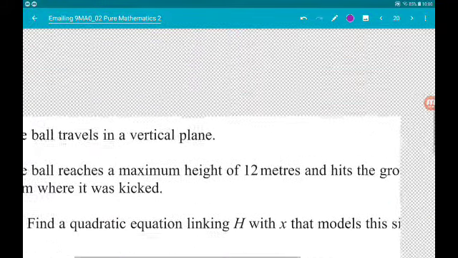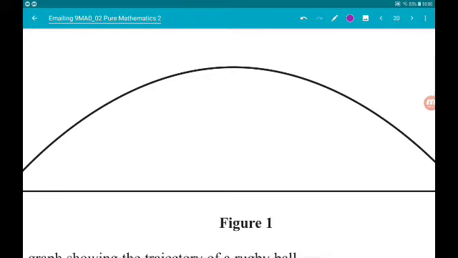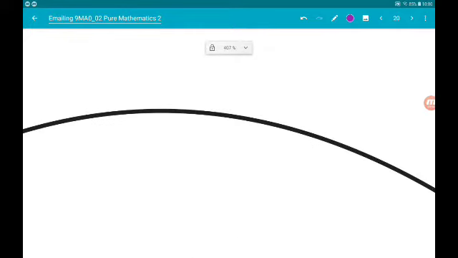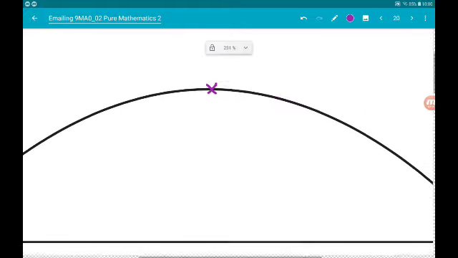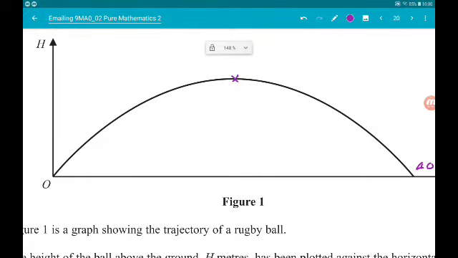So, what else do we know? We know the maximum height. So that's going to be, at this point here, we know that that is 12. Now the x-coordinate is going to be slap bang in the middle of the origin and 40.